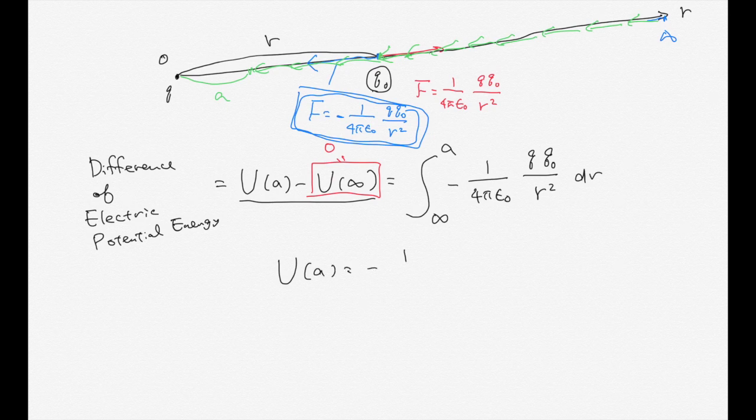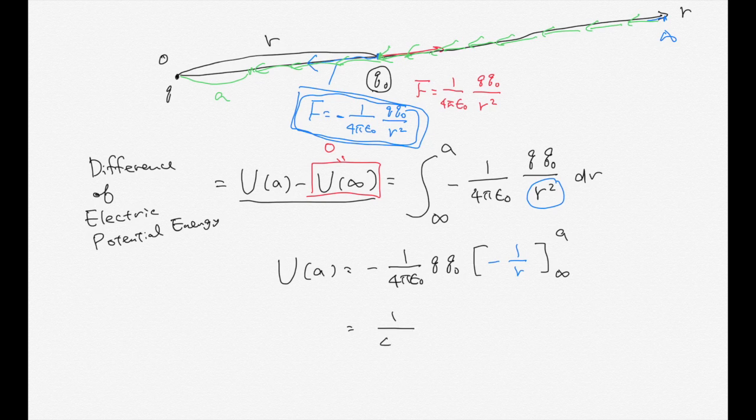You can perform this integral. Minus 1 over 4 pi epsilon naught Q Q sub 0, and the integral of 1 over r squared becomes minus 1 over r, from infinity to A. If you substitute A, there is a plus and a minus sign, and the minus sign becomes positive.